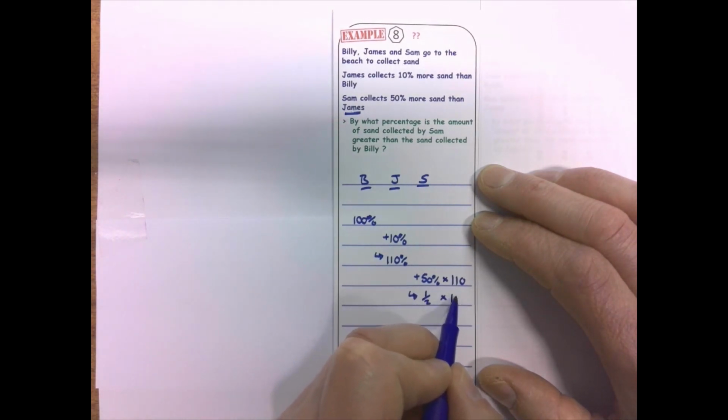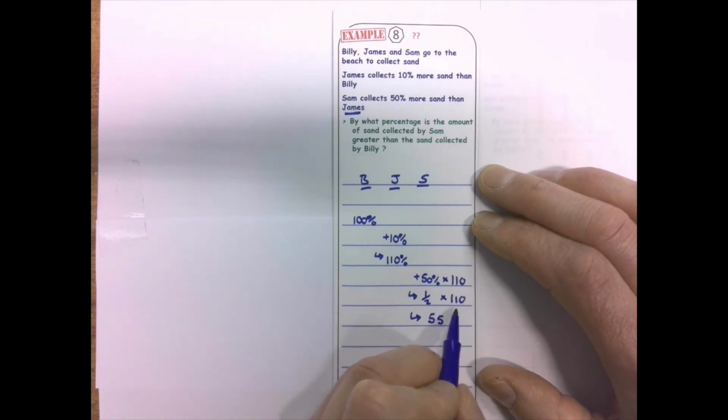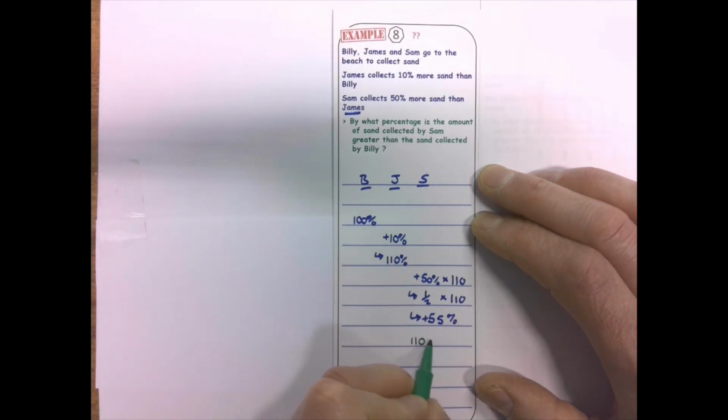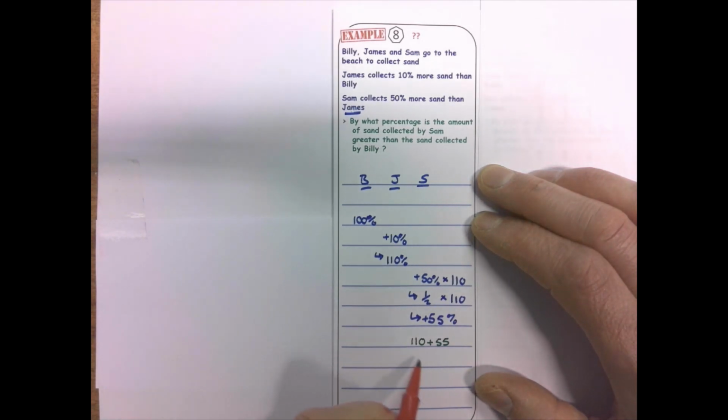So half of 110 is 55, and this business here was in percent, so we're adding 55%. So 110 plus 55 is what we're talking about. So that's going to be 165%, isn't it?